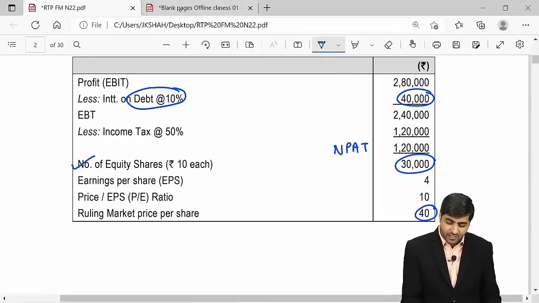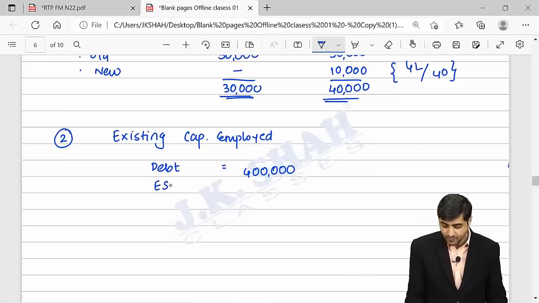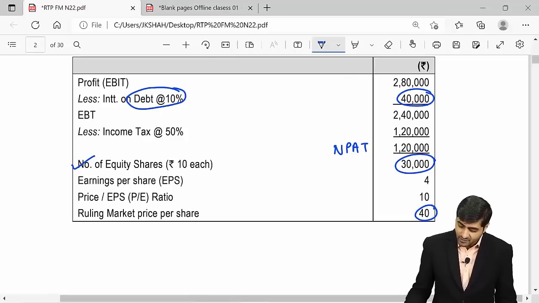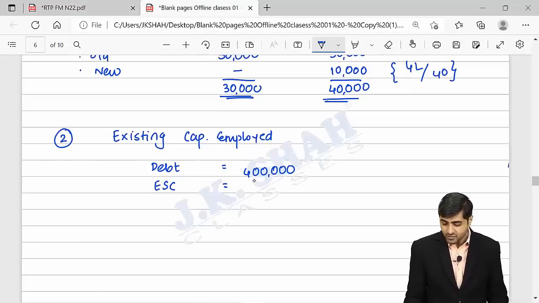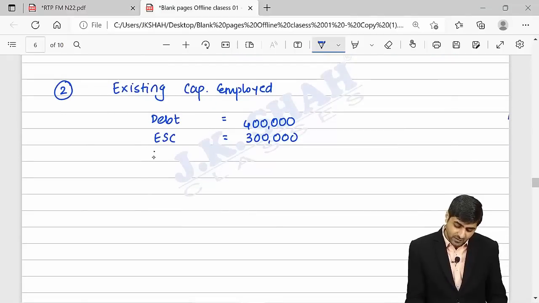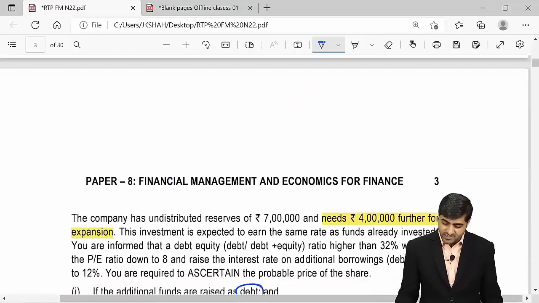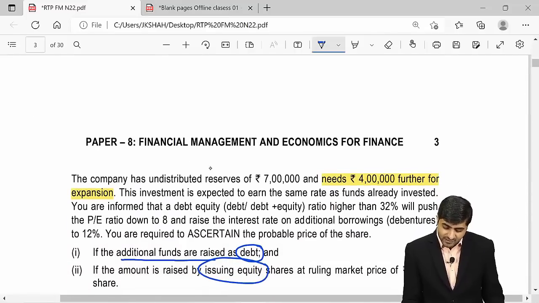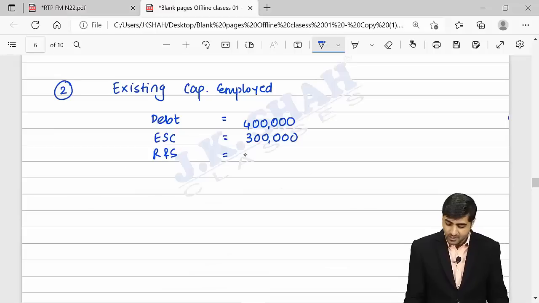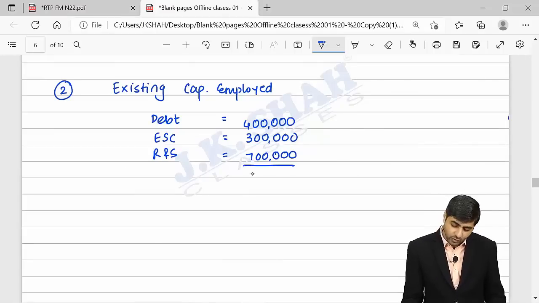Then I also have equity share capital, which will be 30,000 into 10, that is 3 lakh rupees. And I also have reserves and surplus, which is given in the question as 7 lakh rupees. So the funds I already have total 14 lakh rupees.